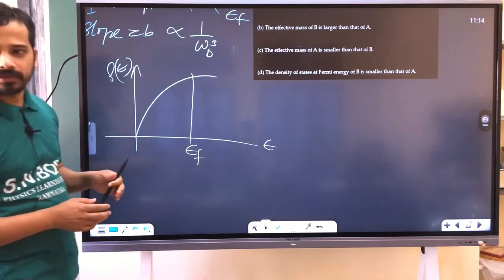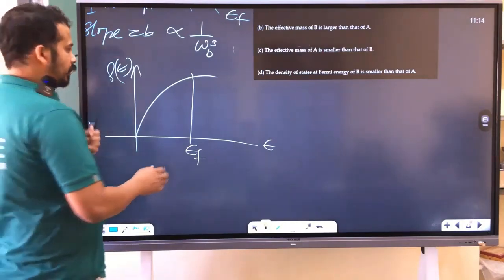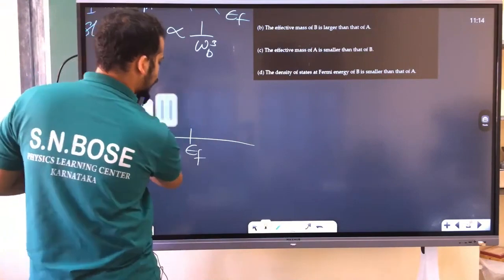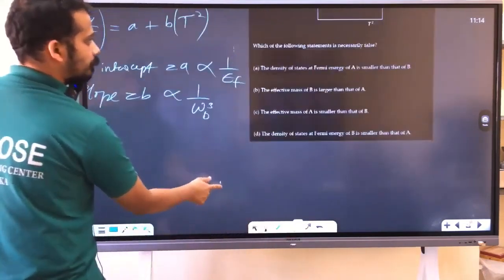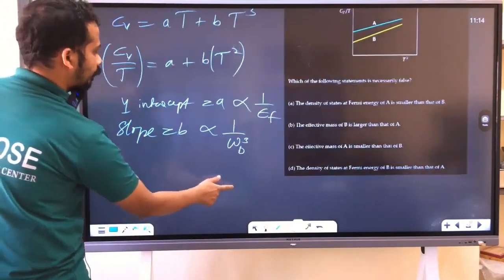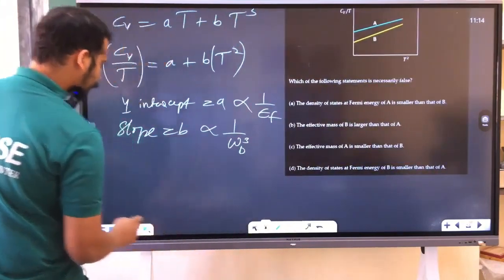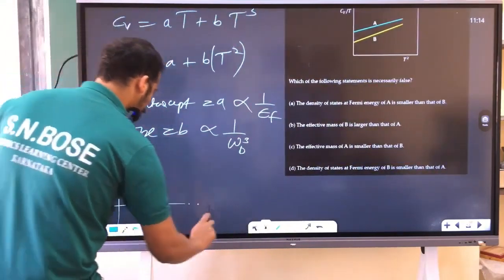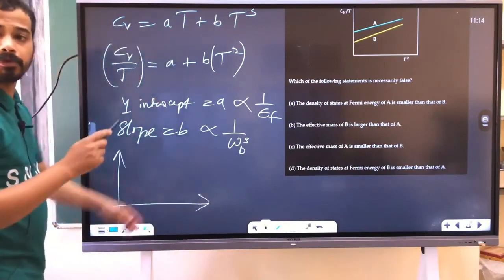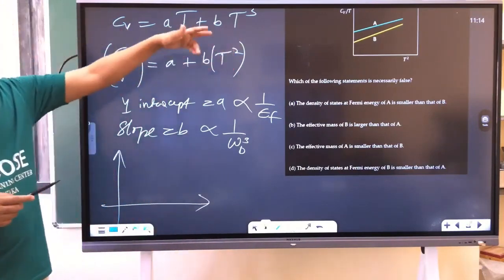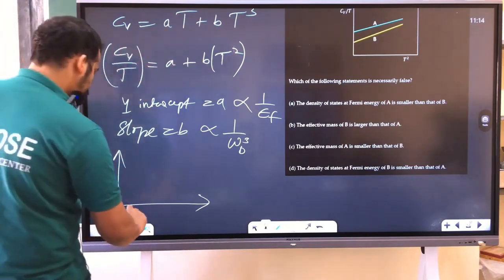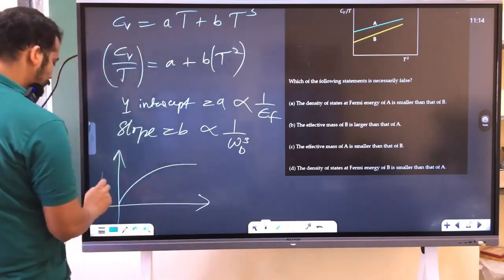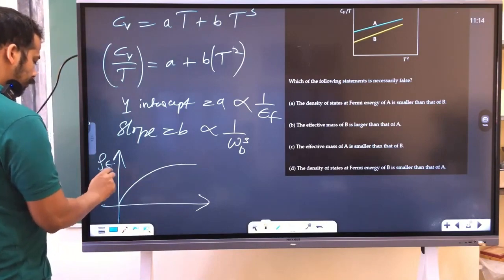We can answer. What I'm saying here is rho of E is proportional to root E, power d by 2 minus 1. It's the usual one. That root E curve is like this. Rho of E versus E.